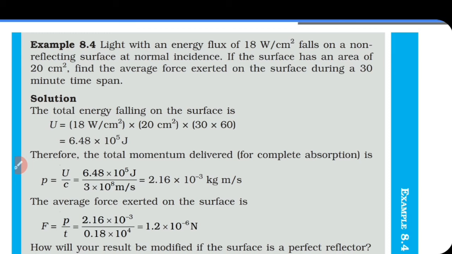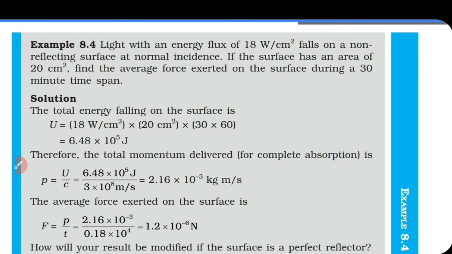If the surface has an area of 20 centimeter square, find the average force exerted on the surface during a 30-minute time span. So, here energy flux means intensity. Energy flux means intensity. That means energy falling per unit area per unit time. That is 18 watt per centimeter square.